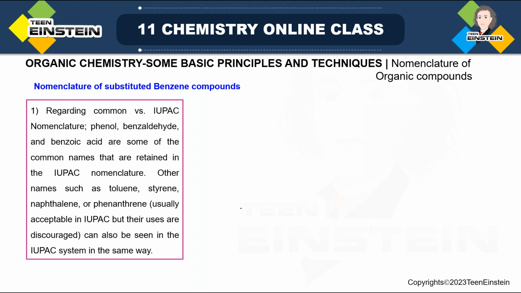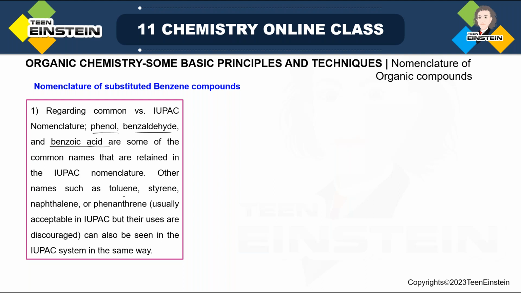Now regarding common versus IUPAC nomenclature, there are some common names which are accepted under IUPAC, but not all. So phenol, benzaldehyde, benzoic acid. These three are some of the common names that are retained in the IUPAC nomenclature.